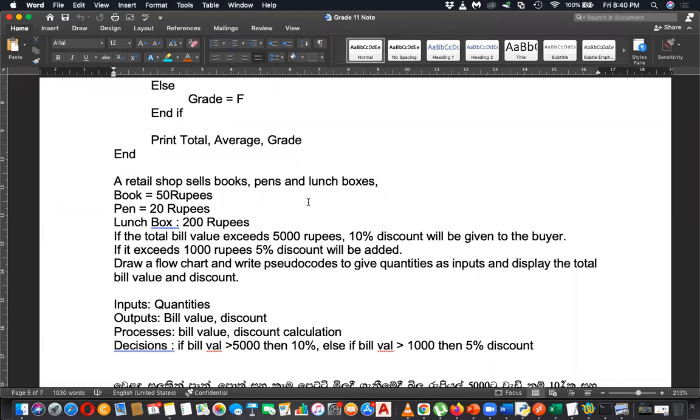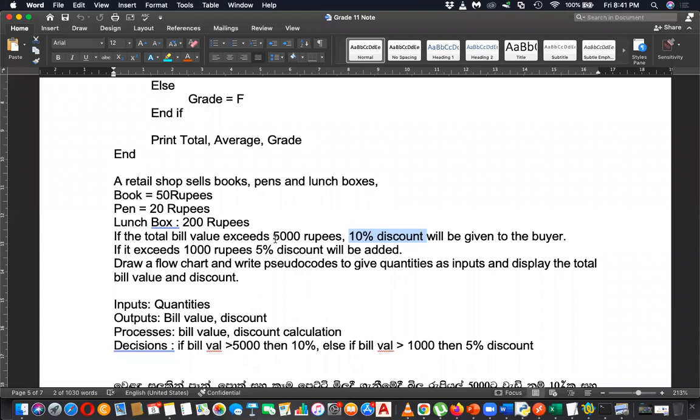And if the total bill value exceeds 5,000 rupees, then there is a 10% discount. Here, this is a condition where you have to take a decision. If the total bill value is more than 5,000, the decision is a 10% discount.